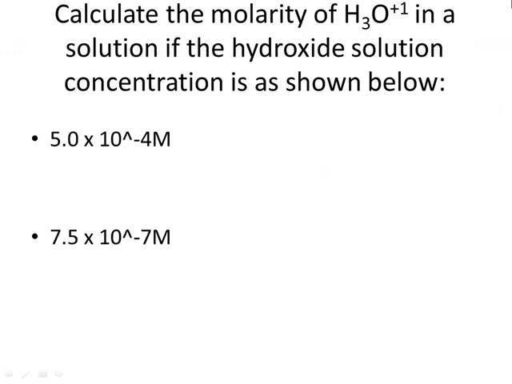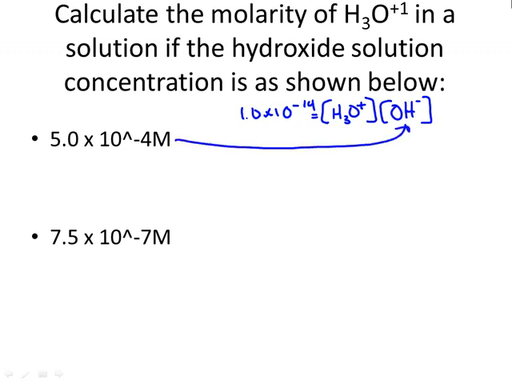Calculate the molarity of H3O plus in a solution if the hydroxide concentration is as shown below. You'll need your calculator for this. And you'll need to remember the Kw equation, which is 1.0 times 10 to the -14th is equal to the hydronium ion concentration times the hydroxide ion concentration. In this case, we've been given the hydroxide ion concentration, so I will plug this number in right there and solve for the hydronium.